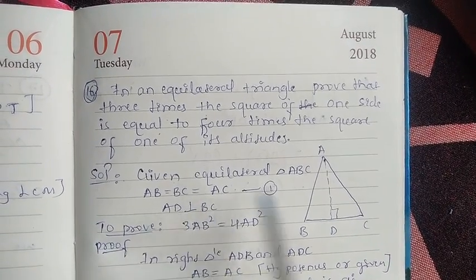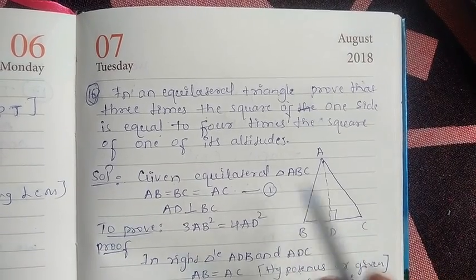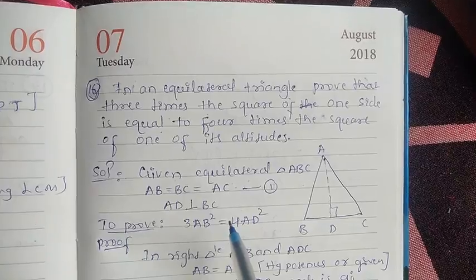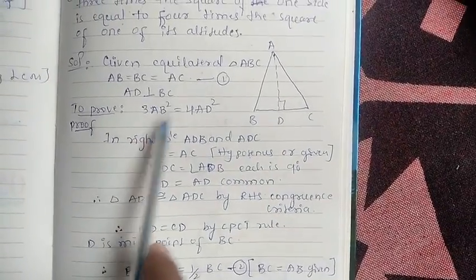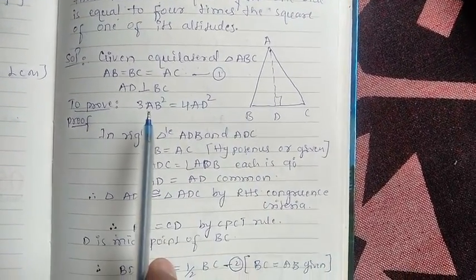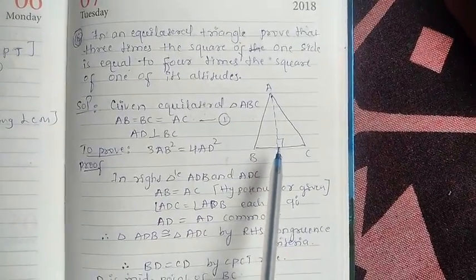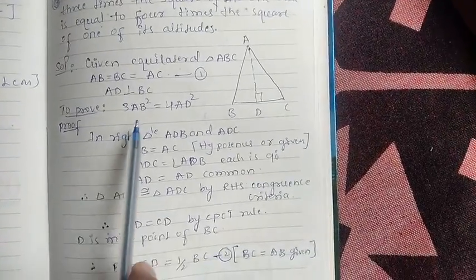So AB is equal to BC is equal to AC, three sides are equal. AD is perpendicular to BC. Then what you are going to prove here? 3 times AB square is equal to 4 times the AD square. Correct? So we are going to prove this one.